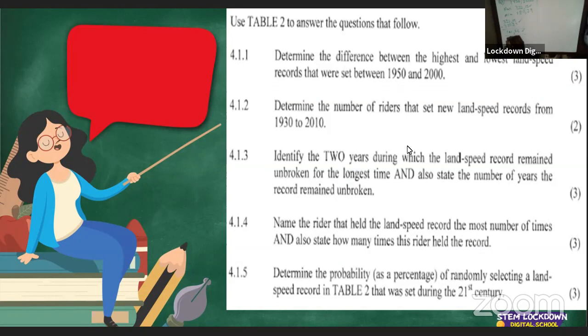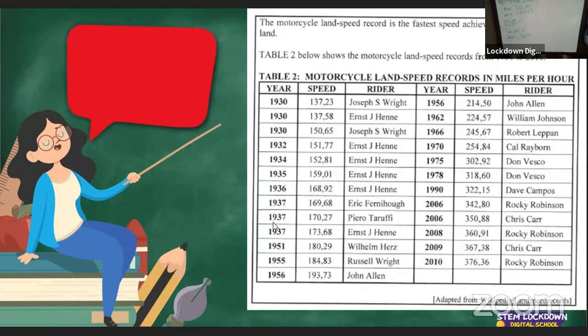Okay, so I just need to write my year here so that when I look at the records, I won't be confused as to what I'm looking for. Okay, so we are switching from 1930 here to 2010. 1930 to 2010. So we are starting from here.